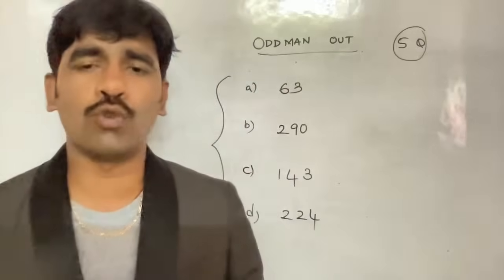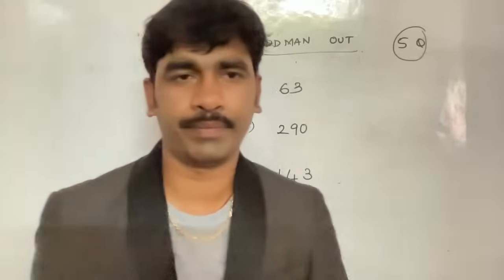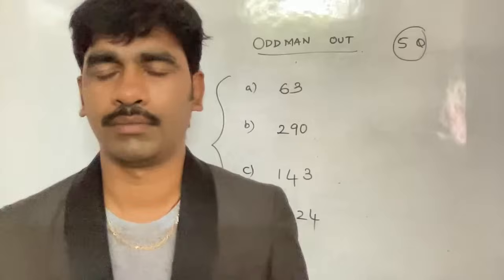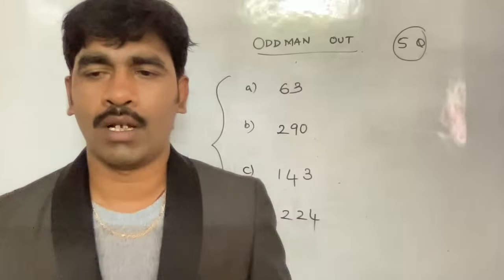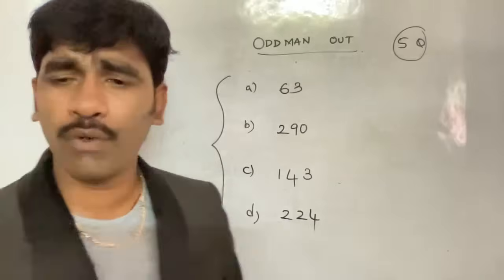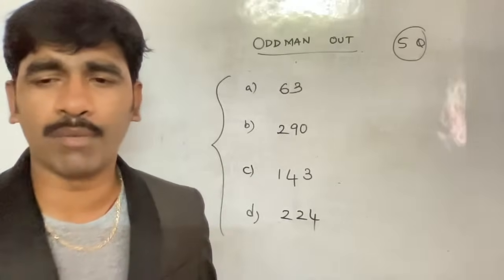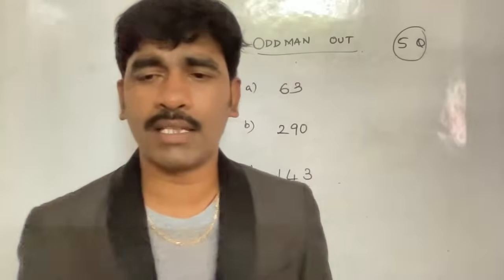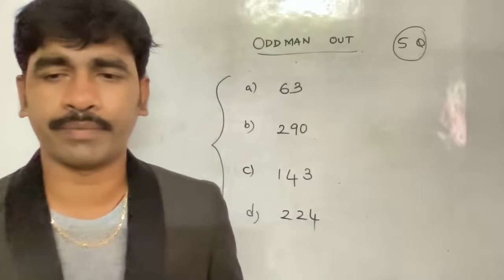If you think it's 290, tell me why it is 290. It's not a prime. Even 224 is also not a prime. It's an even number, Prithvi. Very good. Manasa has given the response.